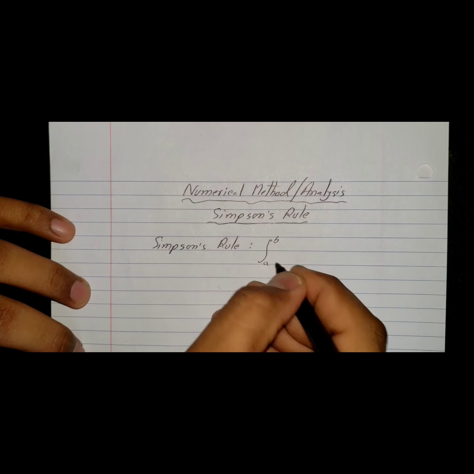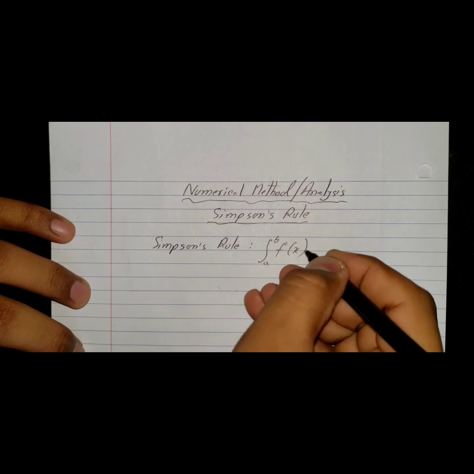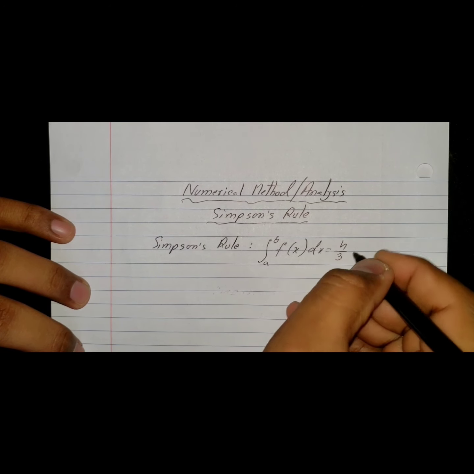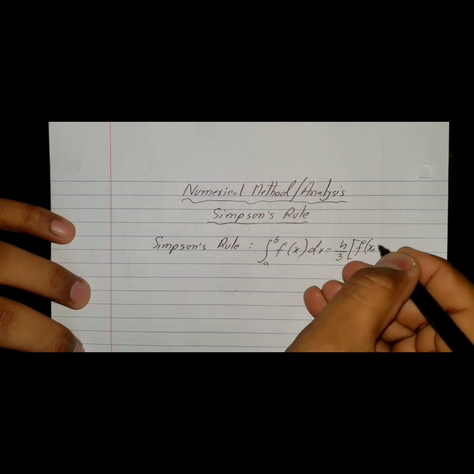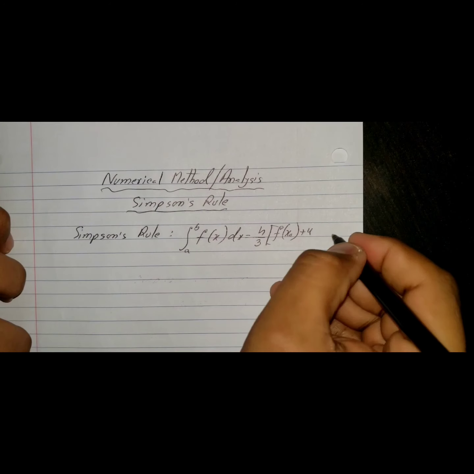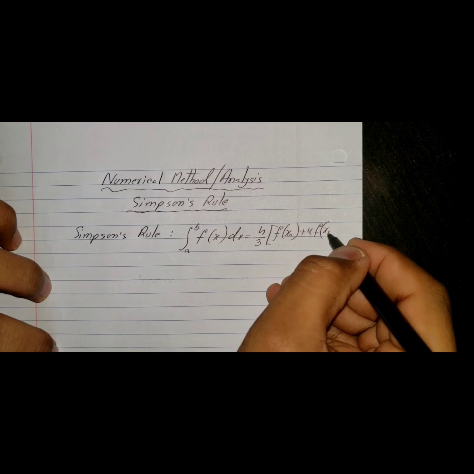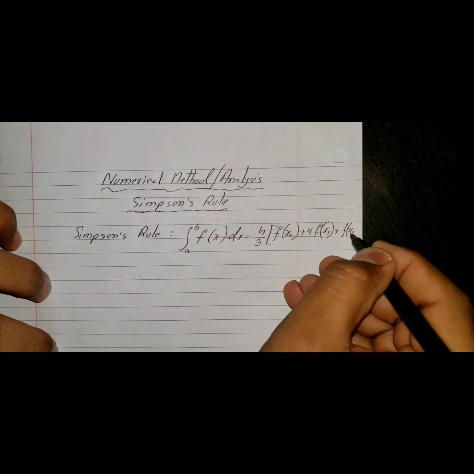Suppose this is the bound B and A of f(x) dx, and the rule is h by 3 [f(x0) plus 4 f(x1) plus f(x2)].